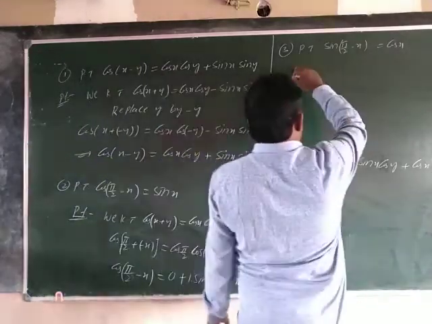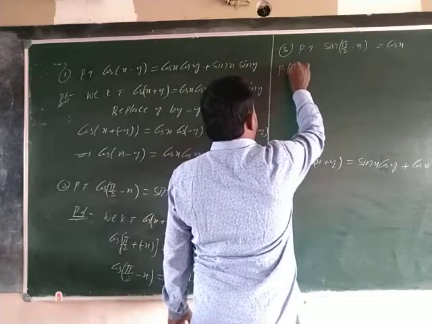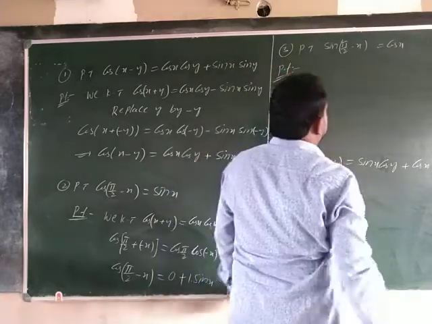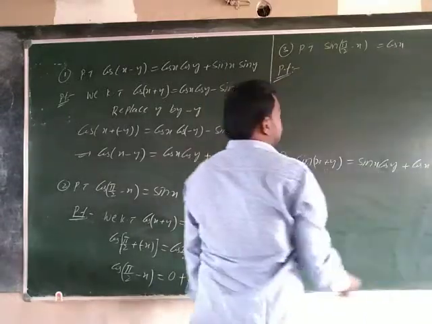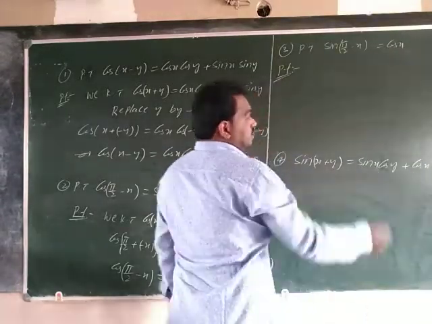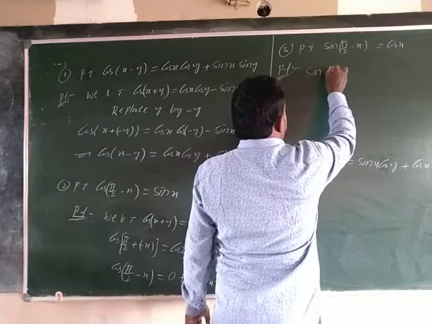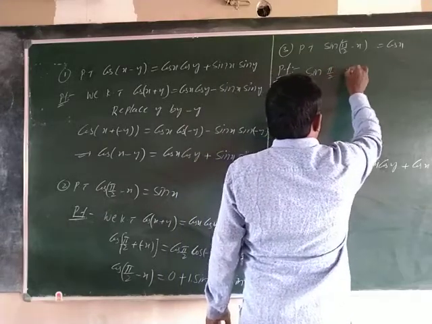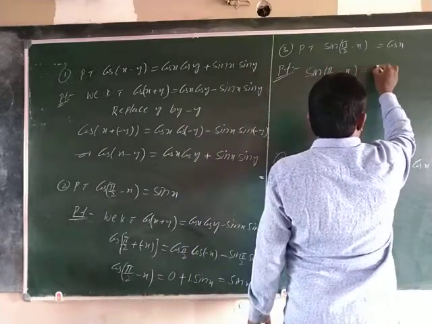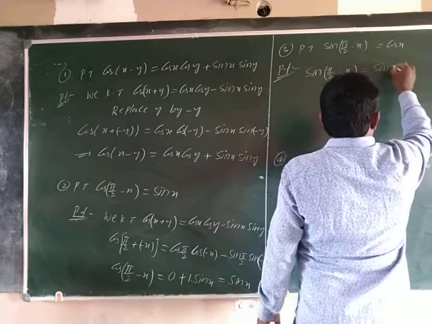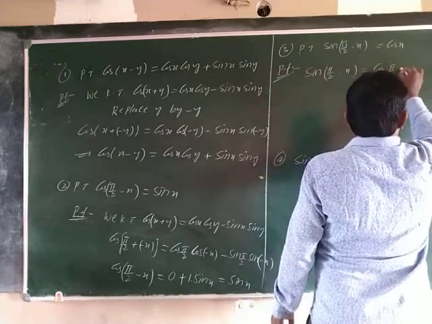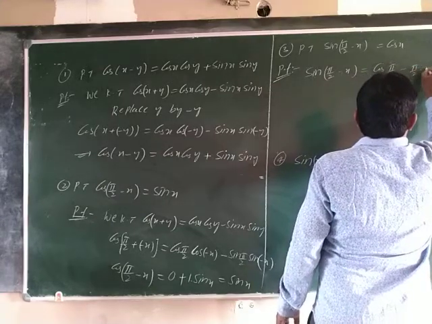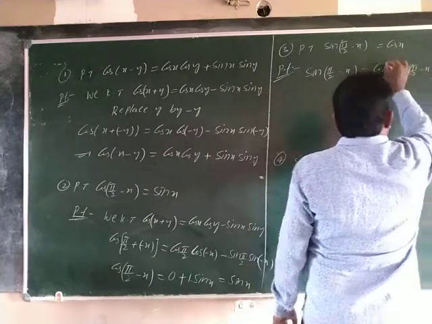Next, third question, you see: prove that sine of pi by 2 minus x is equal to cos x. How am I proving this one, you see? Sine of pi by 2 minus x is equal to cos of pi by 2 minus of pi by 2 minus x, I get, correct?